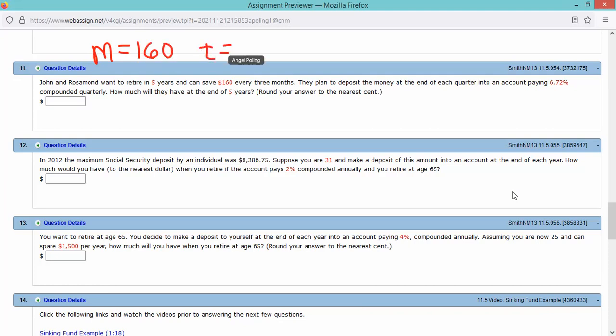T is the number of years. N is the frequency of the deposits. R is the interest rate. And NT is the total number of compounding periods or deposits in this case, right?